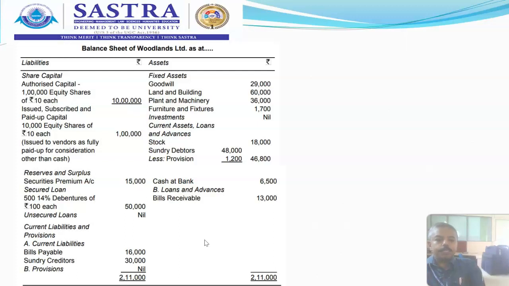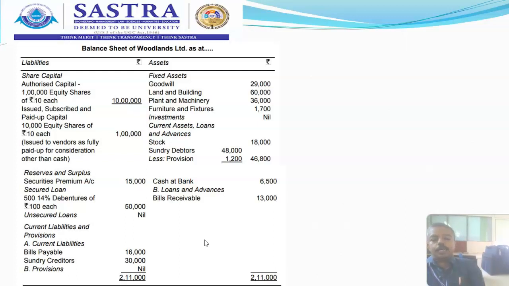So if you subtract this 5,000, you will get 6,500. So 11,500 minus 5,000, you will get 6,500 as cash at bank. That amount has to be written in the balance sheet as shown in the screen.